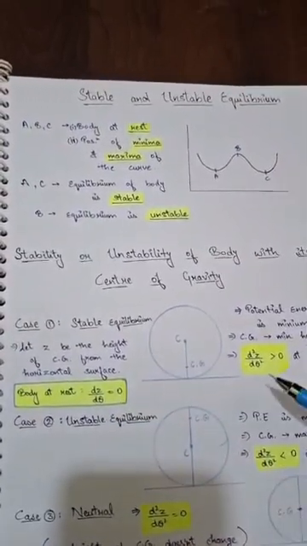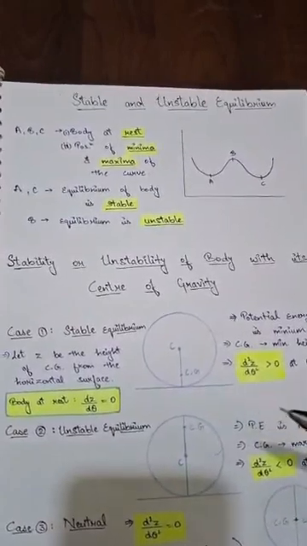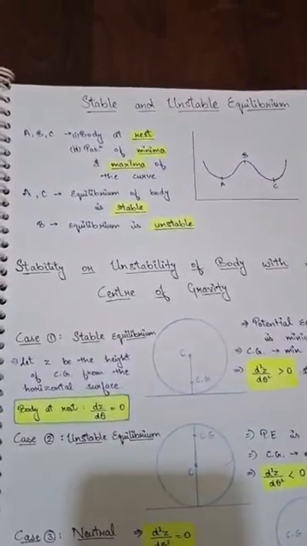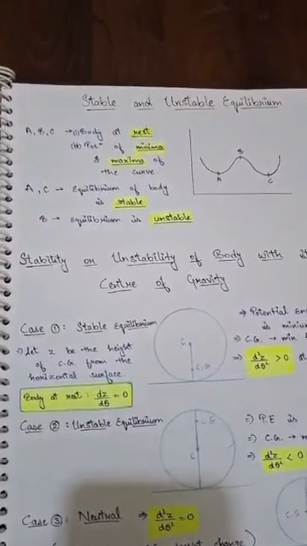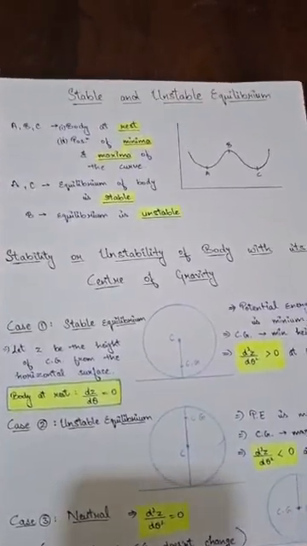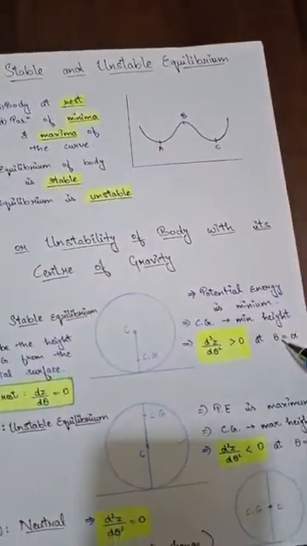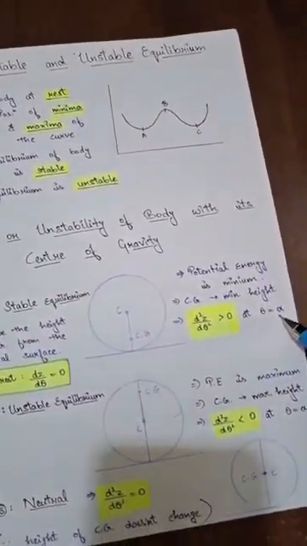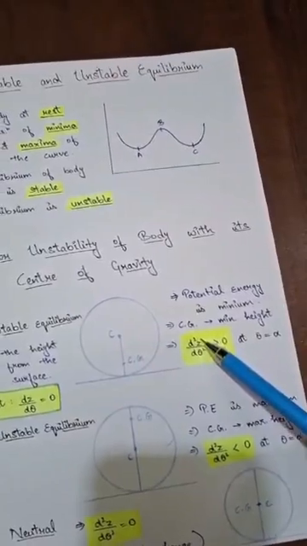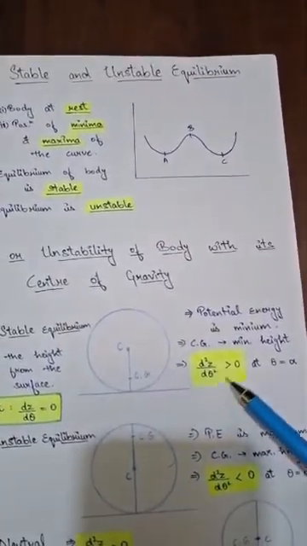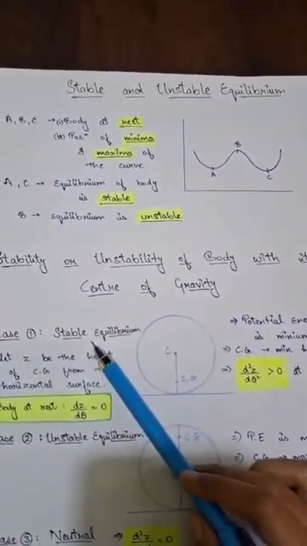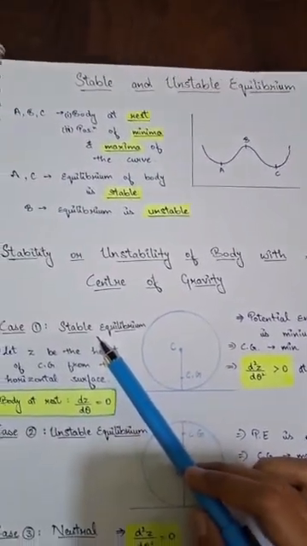On solving it, it gives different positions of equilibrium, that are theta equals alpha, beta, gamma, and so on. The equilibrium is stable at theta equals alpha when d2z by d theta square is greater than 0. This is the condition for stable equilibrium of a body.